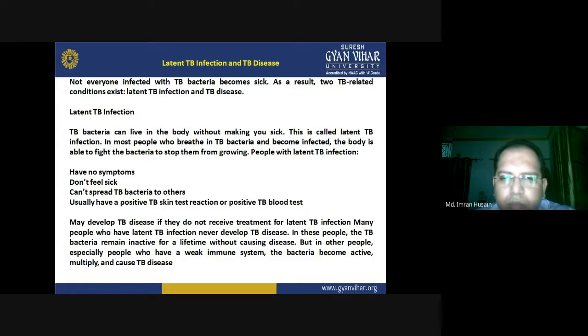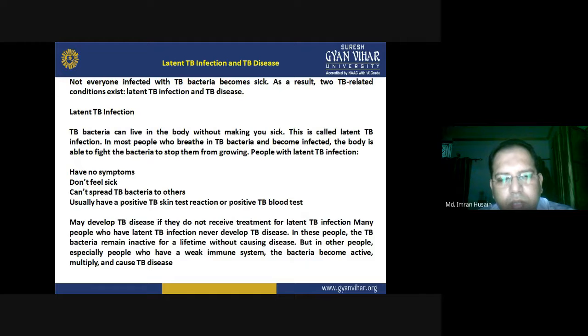In most people who breathe in TB bacteria and become infected, the body is able to fight the bacteria to stop them from growing. People with latent TB infection have no symptoms, don't feel sick, cannot spread TB bacteria to others, and usually have a positive skin test reaction or positive TB blood test.